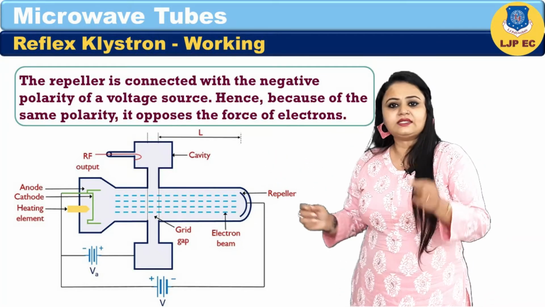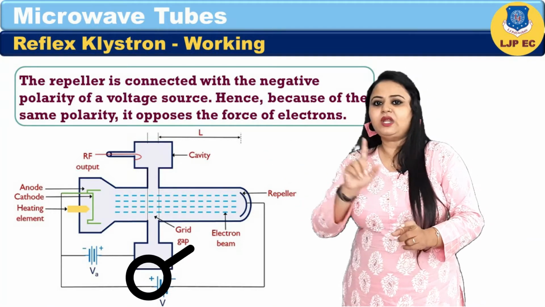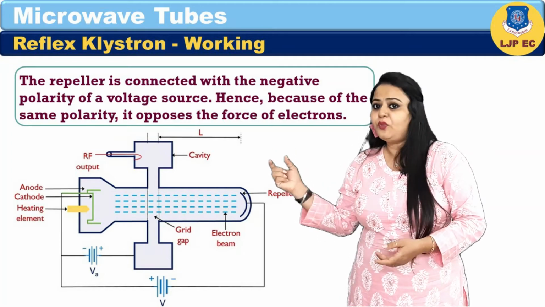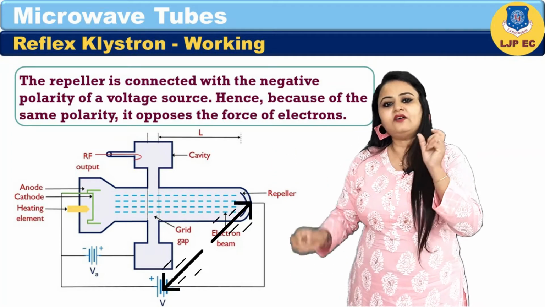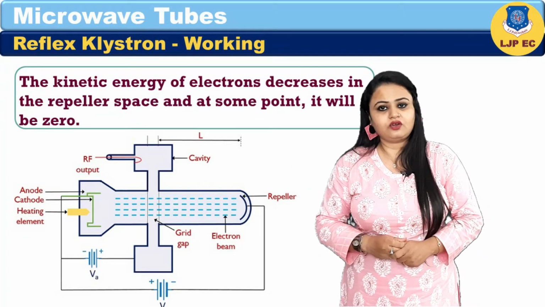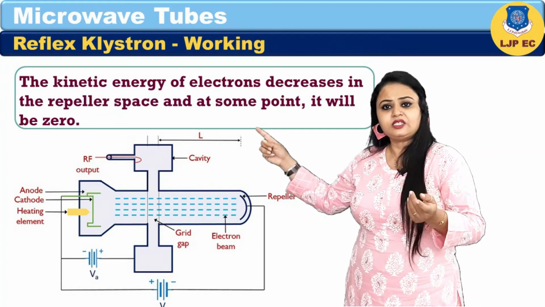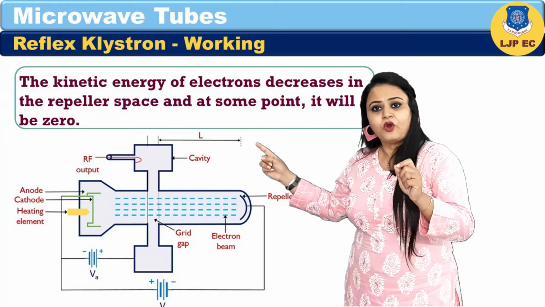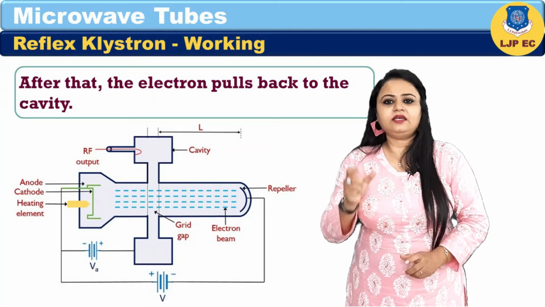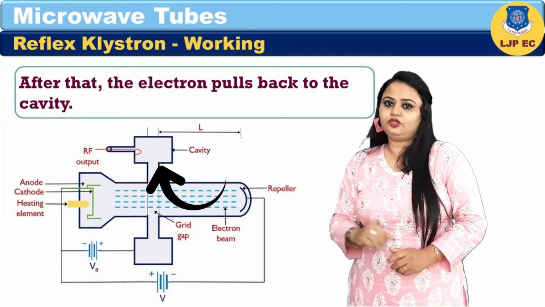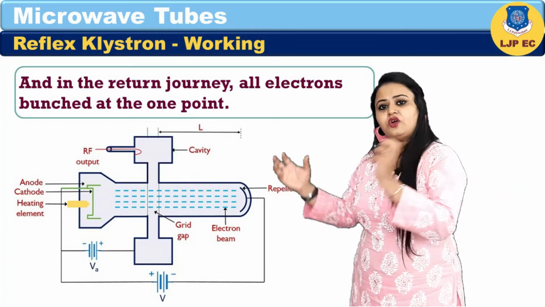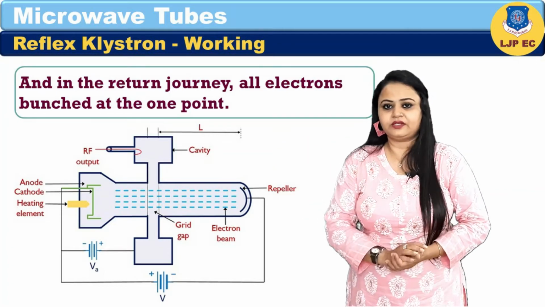The repeller is connected with the negative polarity of the voltage source, and hence because of the same polarity it opposes the force of electrons. The kinetic energy of electrons decreases in the repeller space and at some point it will be 0. After that the electrons are pulled back to the cavity and in the return journey all electrons are bunched at one point.